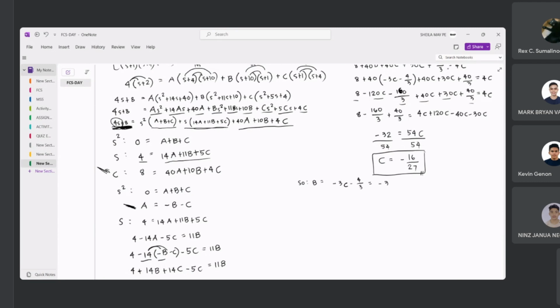So that would be negative 3 times negative 16 over 27 minus 4 thirds is equal to that is 4 over 9. Okay, so we already have our B and the remaining is A. So A is negative B minus C. Okay, so negative of our B, which is 4 over 9 minus C.